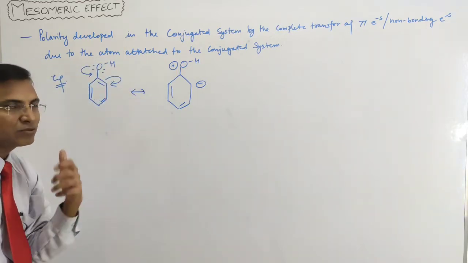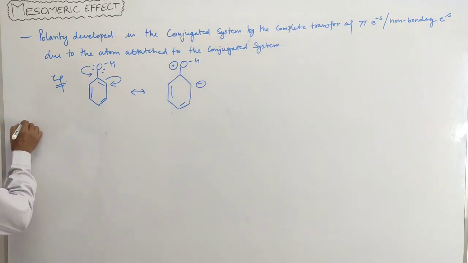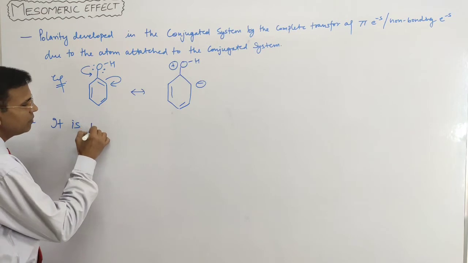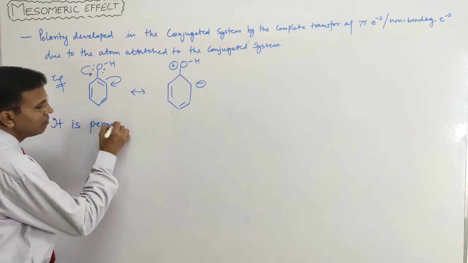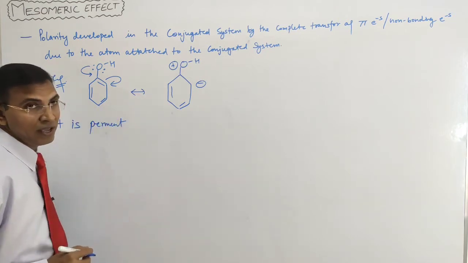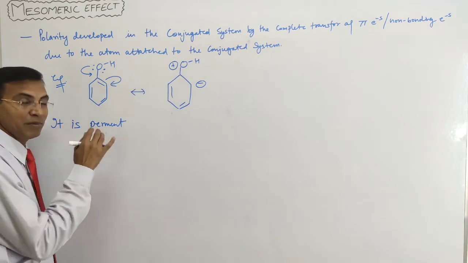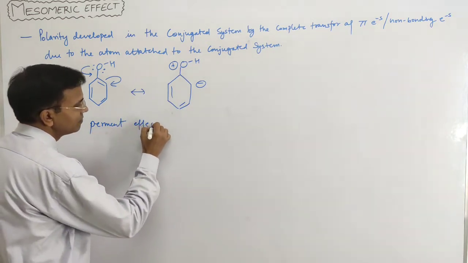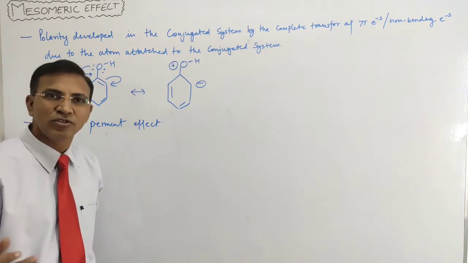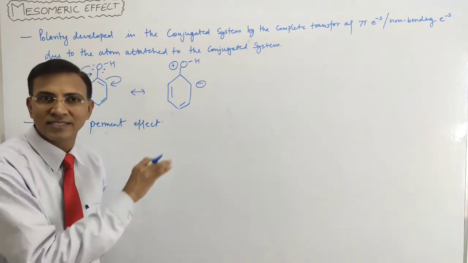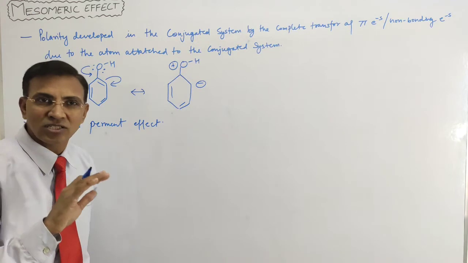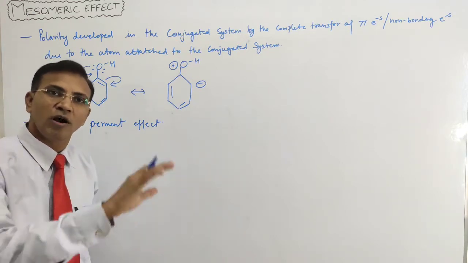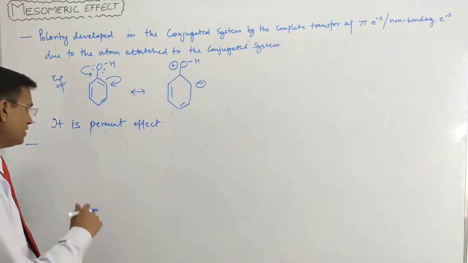Now move to the next point about the mesomeric effect. It is a permanent effect. Many times this question comes in the entrance exams, that it is a permanent effect or what. So it is a permanent effect. Mesomeric effect actually doesn't depend on the distance. It remains as such. The power of the mesomeric effect remains as such throughout the conjugated system, right?